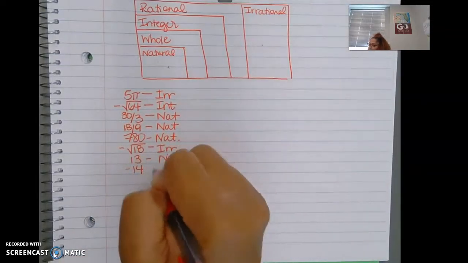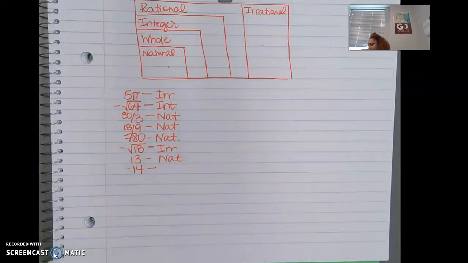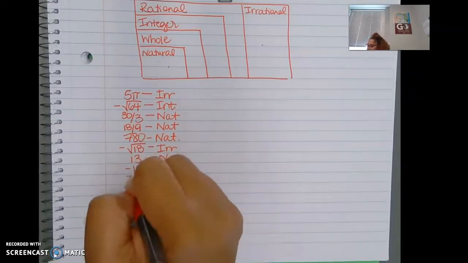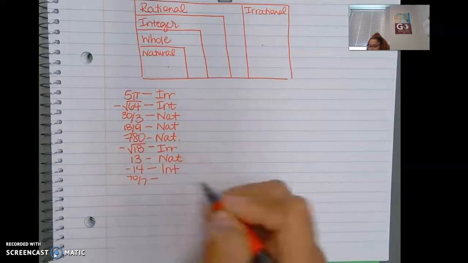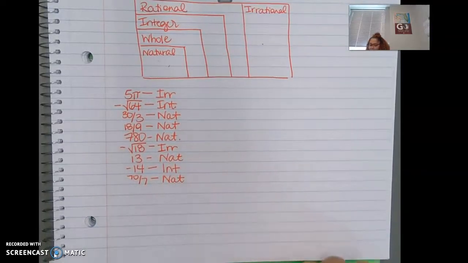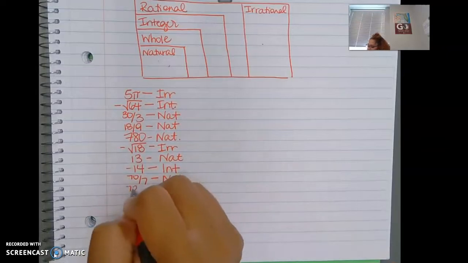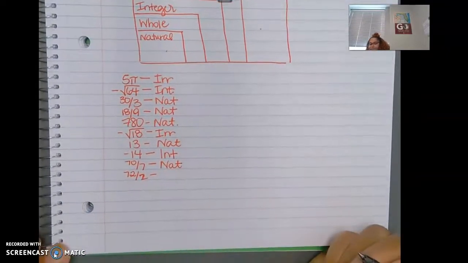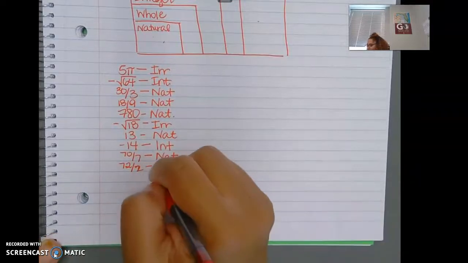Natural. 14. I'm sorry, -14. Integer. 70 over 7. Natural, because it equals what? 10. 72 over 2. Natural, good.